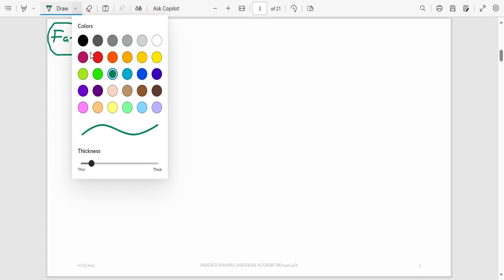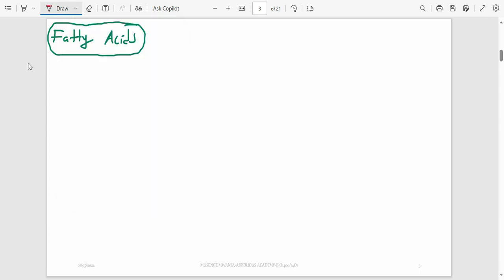Okay. So fatty acids. Now what are fatty acids? Fatty acids are basically carboxylic acids. But these are going to have a long chain of hydrocarbon. So you are going to have an R group.